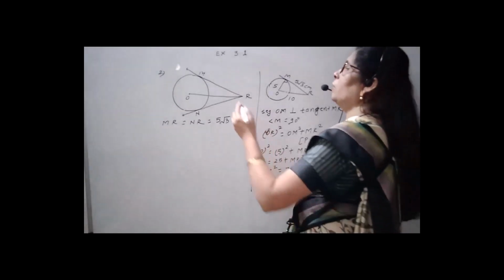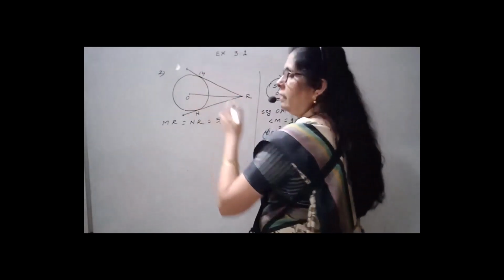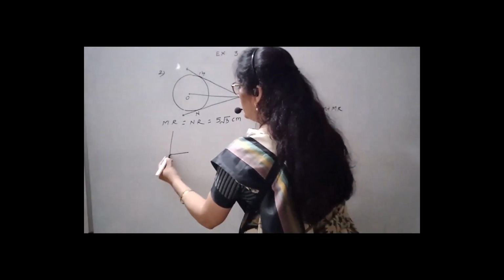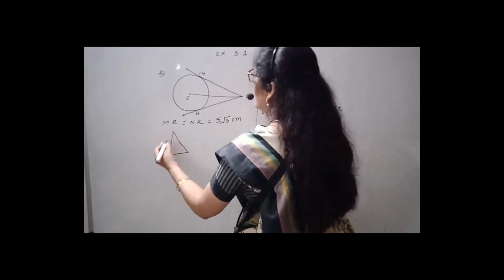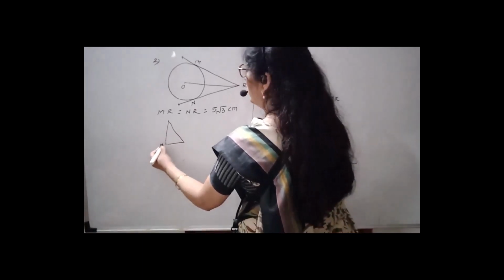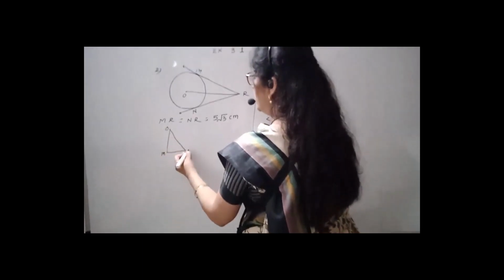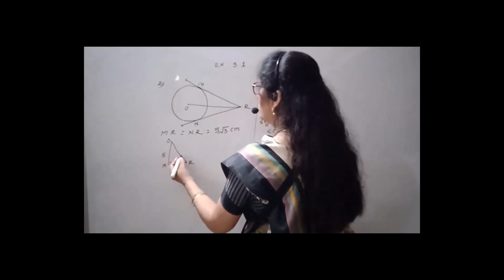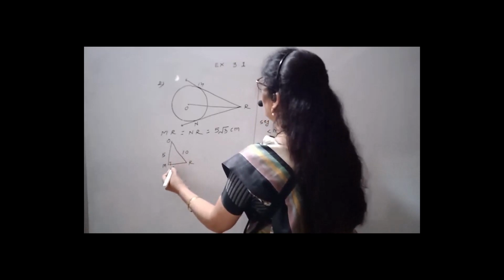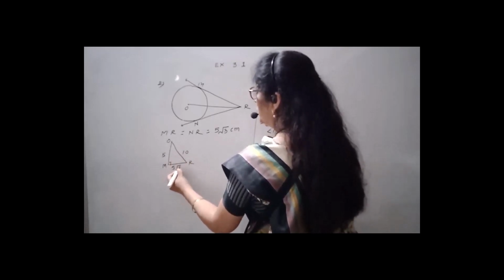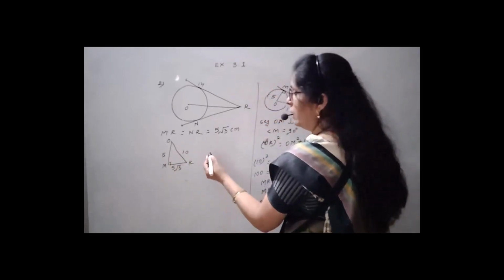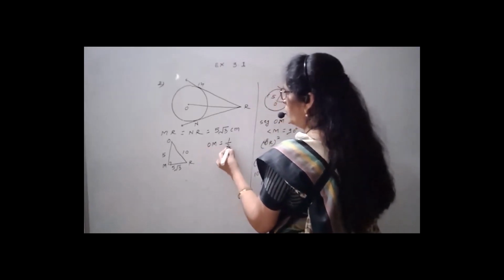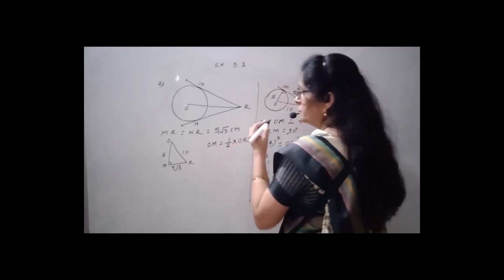Now we will find the value of angle MRO. See the figure again here. Angle M is a right angle, O is here, R is here, and the value of OM is 5, OR is 10 and MR is 5 root 3. Now, the value of OM is half of OR.